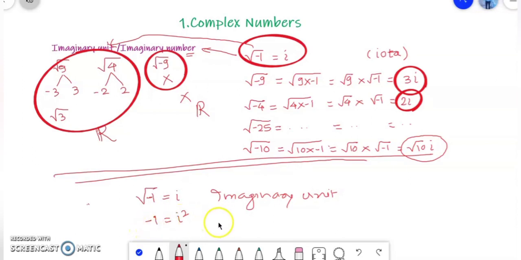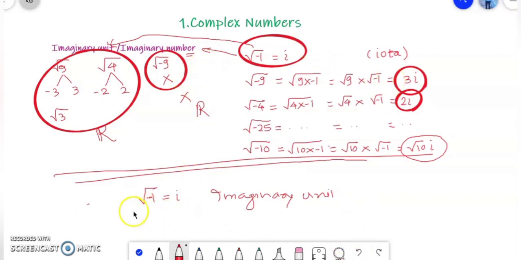If you take the cube of that, i cube is equal to i square into i, which is minus 1 into i, which is minus i. We shall discuss this in the discussion of powers of i. So the important thing for now is to understand what is imaginary unit and what is imaginary number.